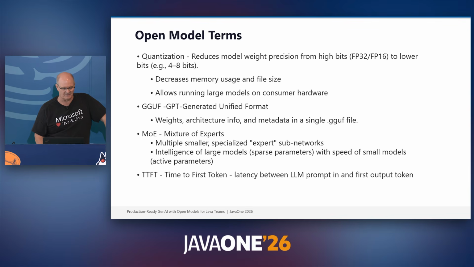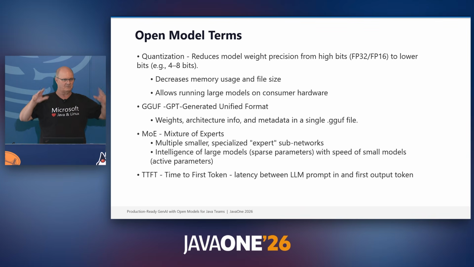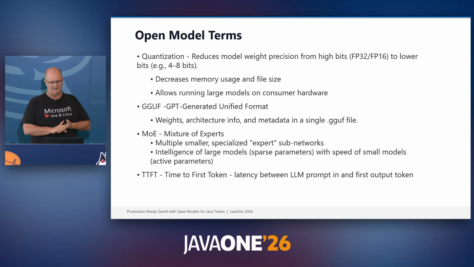MOE is mixture of experts. It's almost like sharding or splitting up your model into different segments. Different segments have different tasks. So part of your model can be for orchestration and routing, as I mentioned before, another part can be for language translation, or another part can be for math computations, things like that.